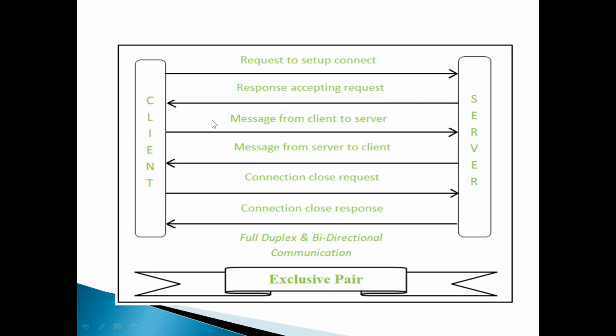Then the client sends a message to the server, and the server sends a message reply to the client. Next, the client requests the connection to be closed, and the server sends a response that the connection was closed. After the connection is closed, there are no messages or information from the server side that the client can get. This is the exclusive pair model.